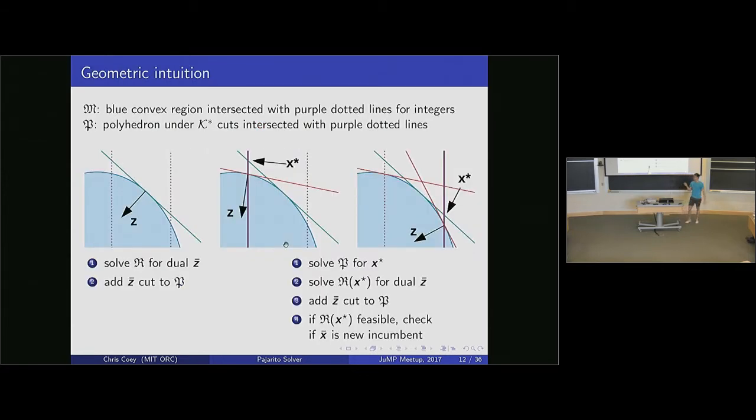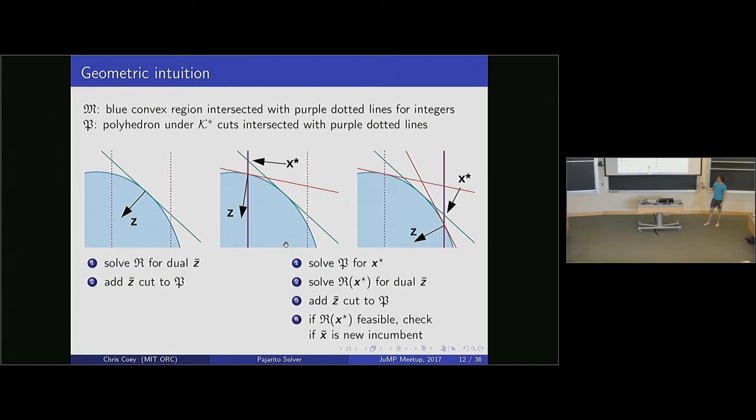Okay, so the geometric intuition goes as follows. So consider this left part of the diagram here. Again, the blue convex region is the feasible set of M. Well, the blue convex region intersected with these integer sort of lines here. So this variable is integer, this one's continuous.